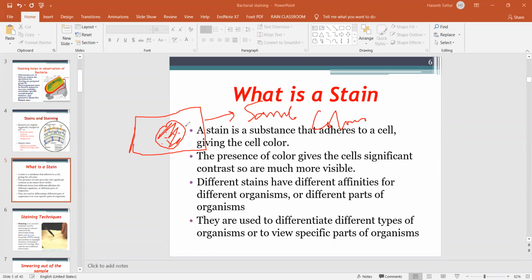So the drawback of simple staining is, although it's a simple method just to check whether this sample has bacteria or not, we can't differentiate between different bacteria.